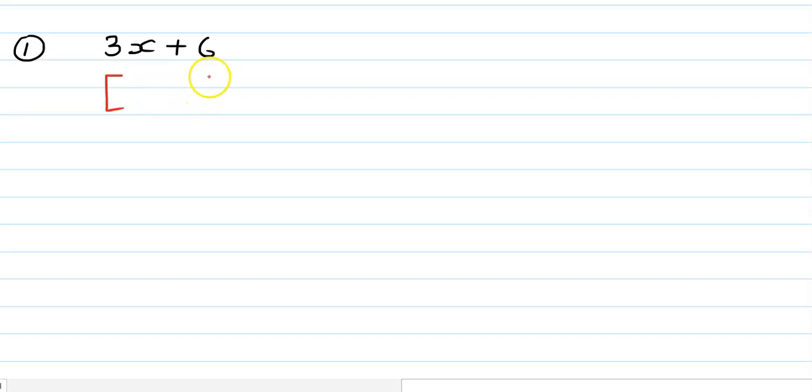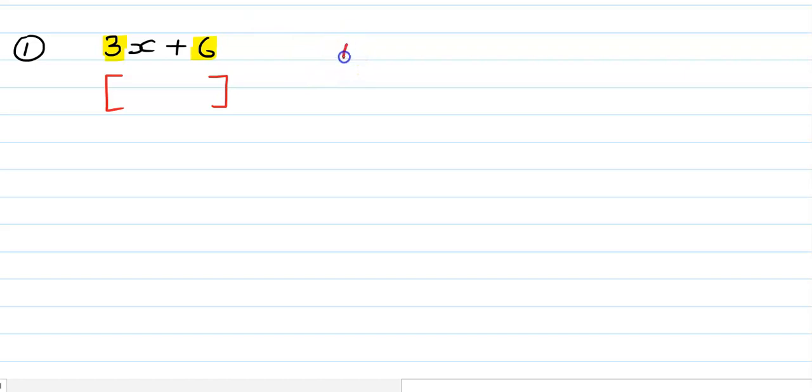Okay, so if the question is like this, 3x plus 6, how do we factorize it? To factorize, first of all, write down a bracket here, and you need to see in which timetable 3 and 6 come.